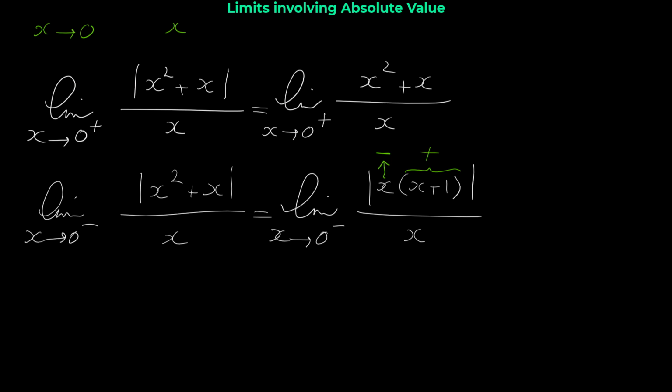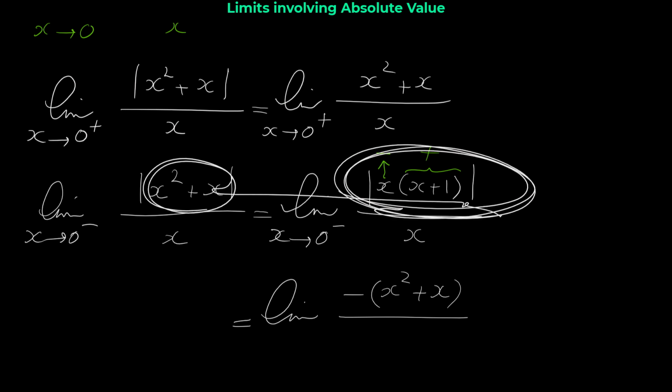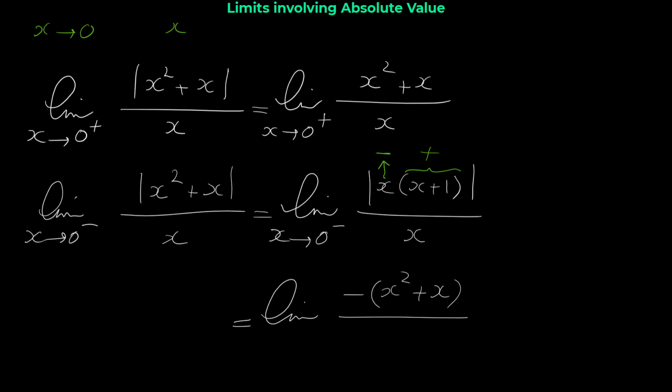So we have the limit of negative of x to the 2 plus x. We did this middle step to figure out whether x to the 2 plus x is positive or negative. We proved it is negative, so its absolute value is its negative, all over x as x approaches 0 from the left.